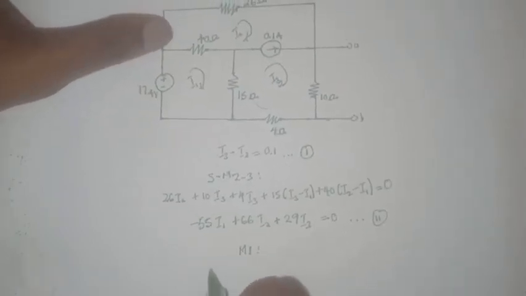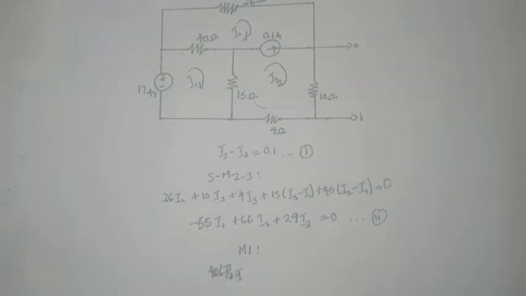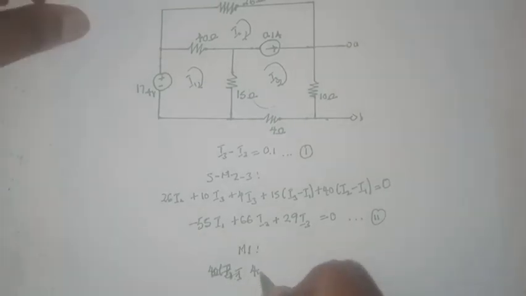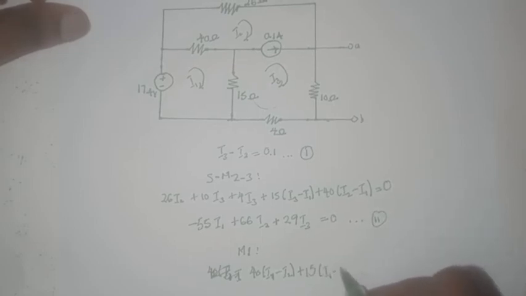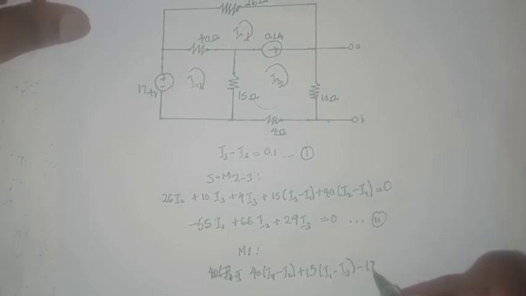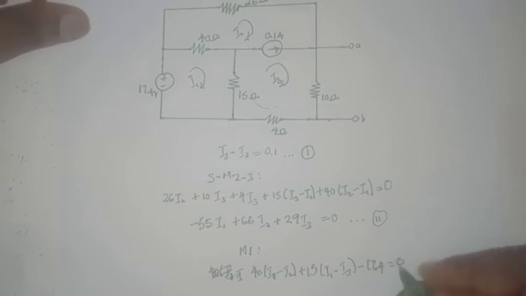We have 40 into I1 minus I2, plus 15 into I1 minus I3, minus 17.4, all equals 0.